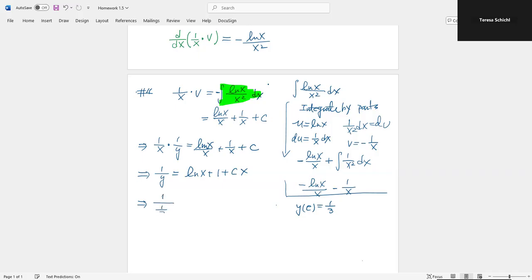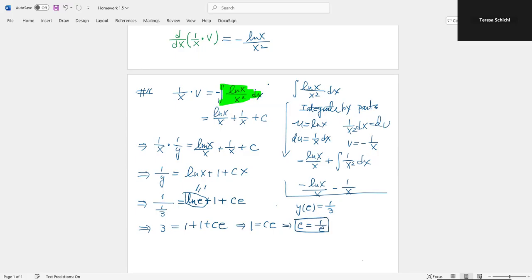So 3 equals 1 plus 1 plus ce, so I have 1 equal to ce. That's why I have my c equal to 1 over e.